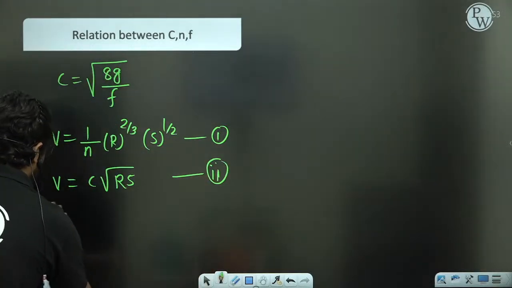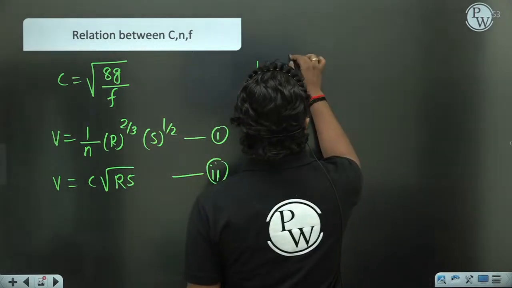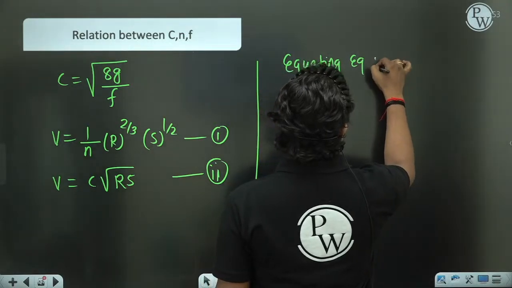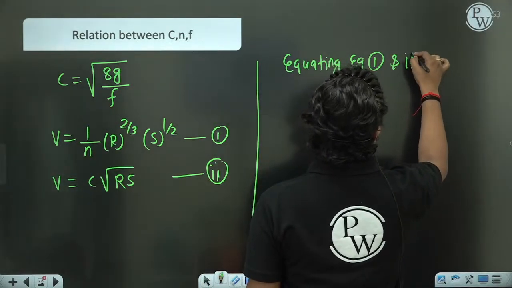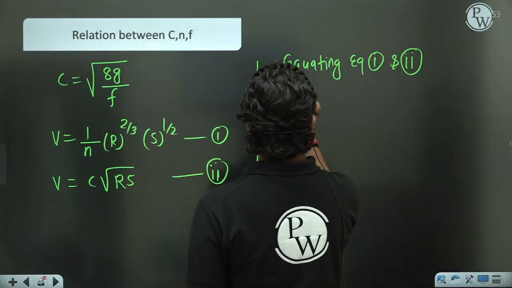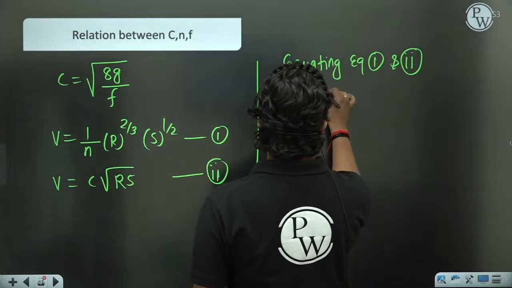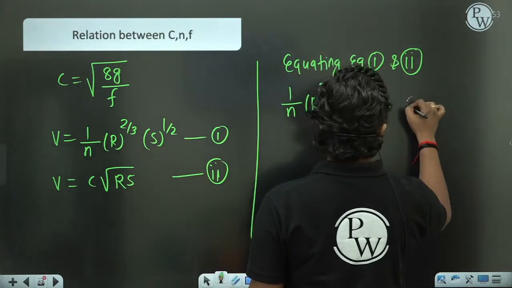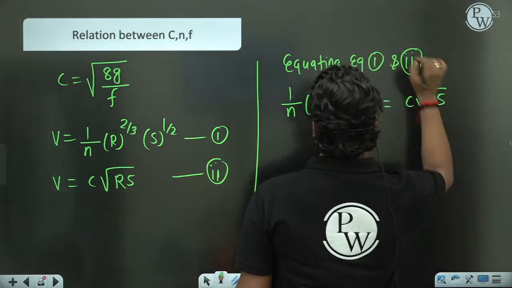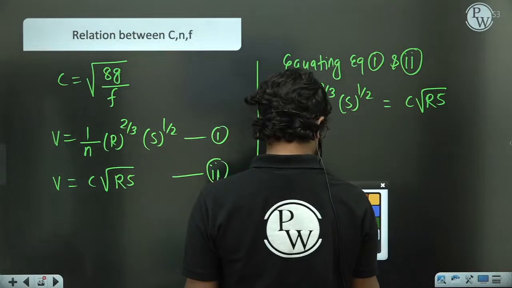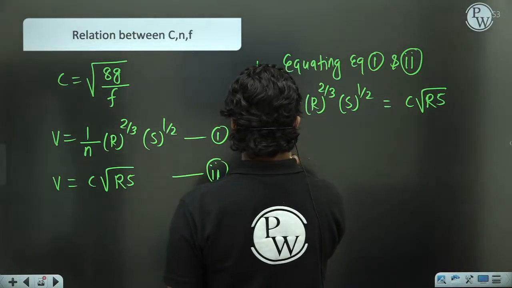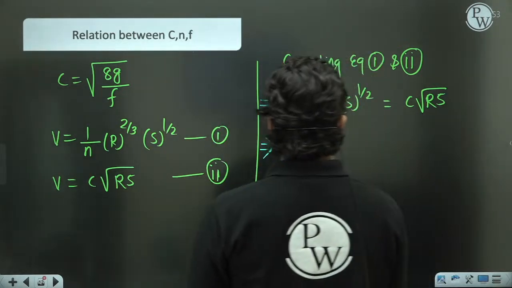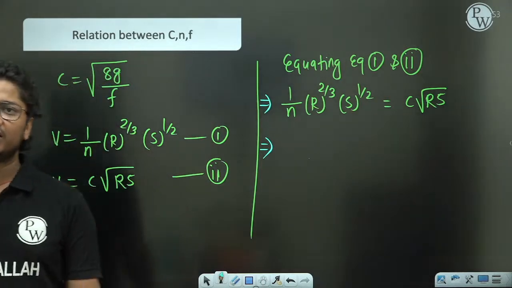Equating equations 1 and 2, we have 1 by n, R to the power 2 by 3, S to the power 1 by 2 equal to C root under RS.